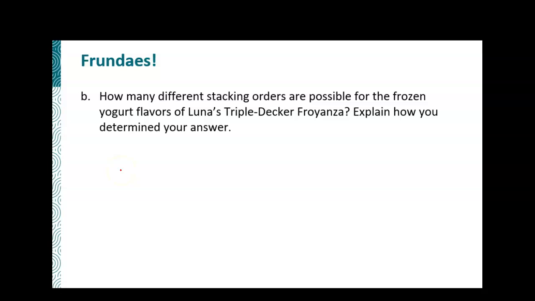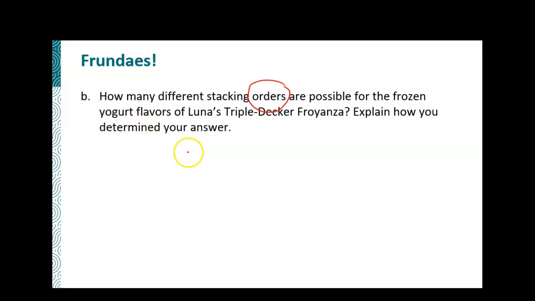You're on the right track, but let's think about it. This is the key word here: order. So, she only picked how many flavors? How many flavors did she put on her cone? 3.